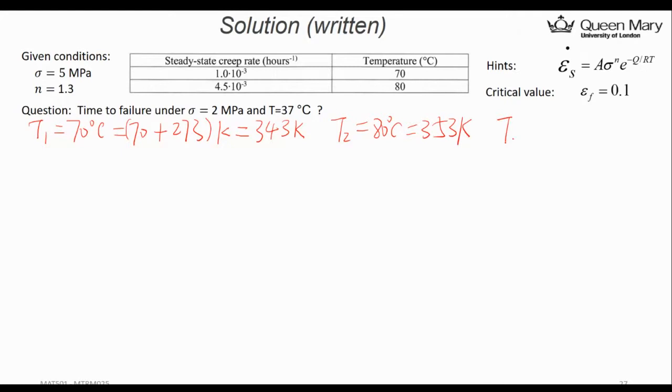And the surface temperature Ts is 37 degrees, plus 273, that is 310 K. Correct me if I did something wrong. I think I'm right, 310 K.